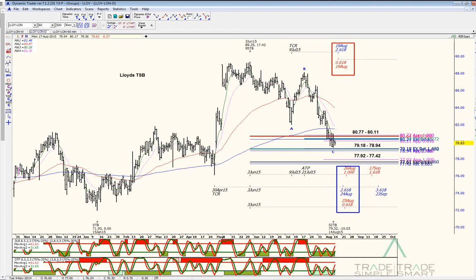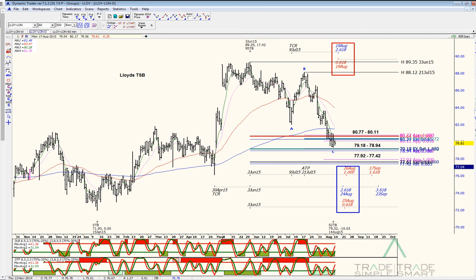So in a nutshell, guys, we're expecting some significant upside to Lloyds TSB. In terms of our targets, once we receive an entry trigger, our first target will be the 88.12 level, and then our third we'll be looking at 89.35. Beyond these levels, we're going to be applying our usual Fibonacci ratios to the entire structure of the pattern, the 1.272 and the 1.618.